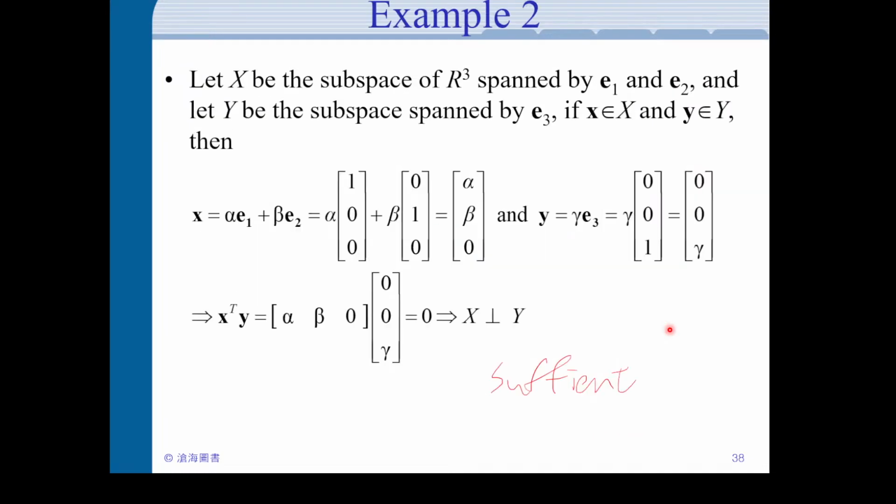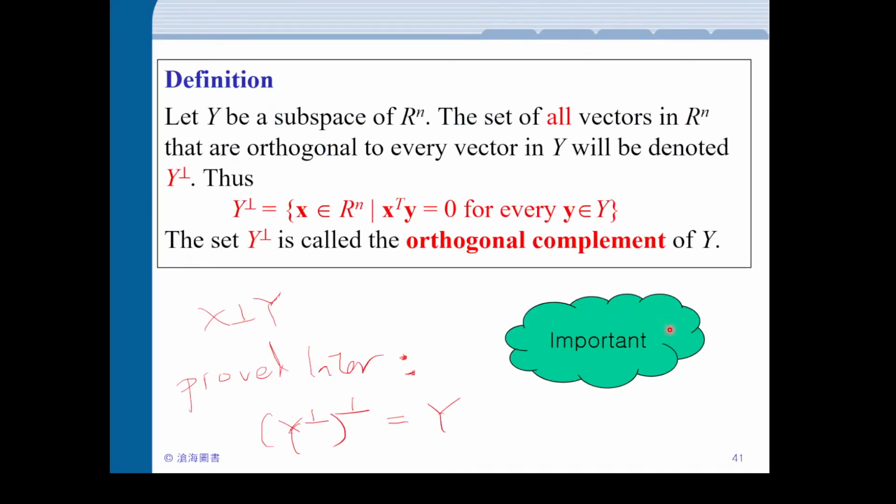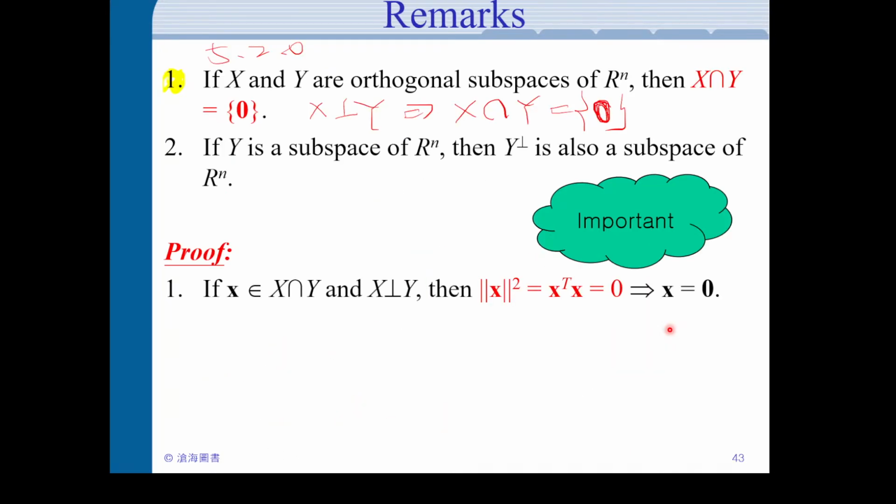So if our two subspaces are orthogonal, and we have something that's both in X and Y, in the intersection of X and Y, then the inner product of it with itself must be 0.